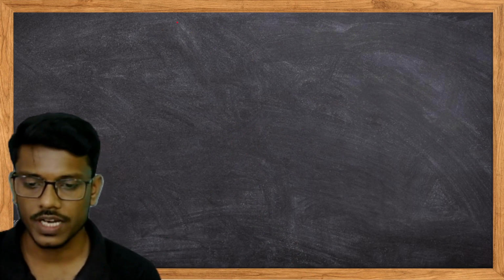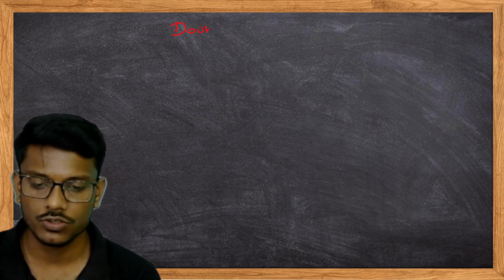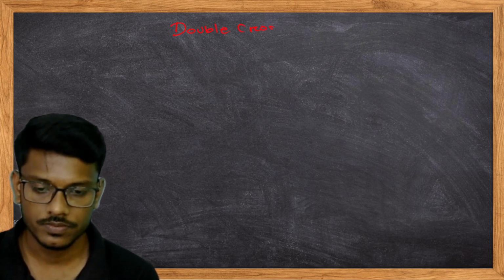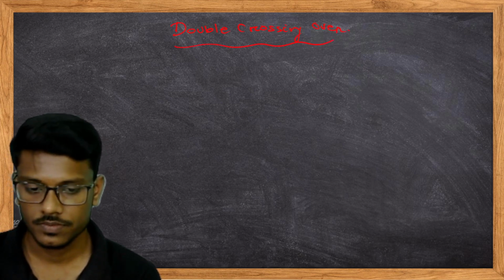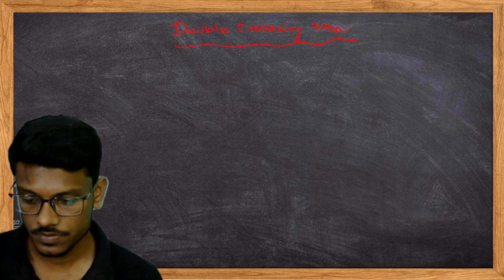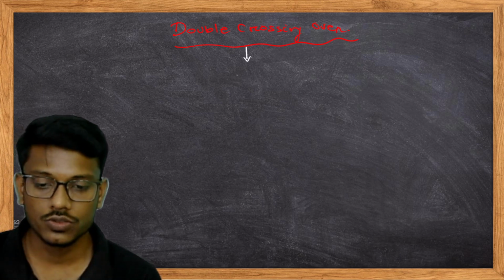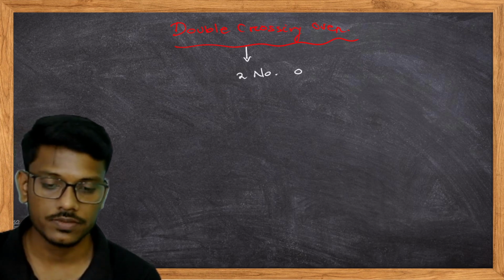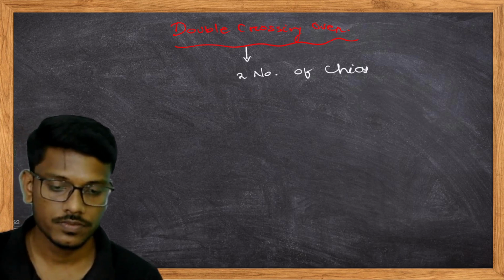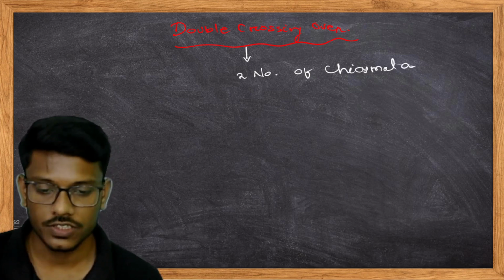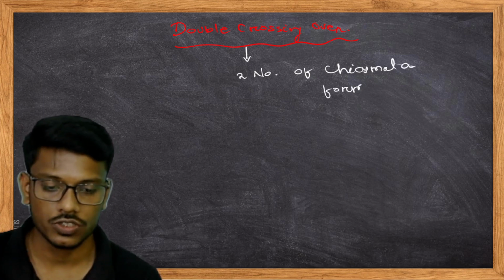From the name, it has two chiasmata. Double crossing over: two chiasmata are formed during crossing over.